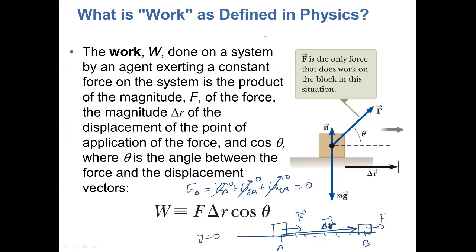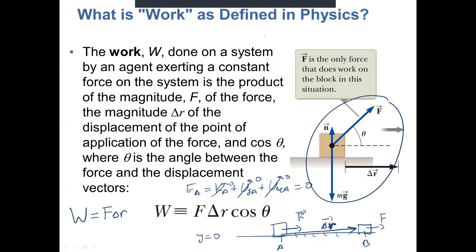If there is a position change, then the work done, using capital W, is equal to the force magnitude times the displacement. Sometimes you can apply force at an angle theta. Imagine this is the displacement vector, delta r, this is the force vector, F, and theta is the angle between those two vectors.